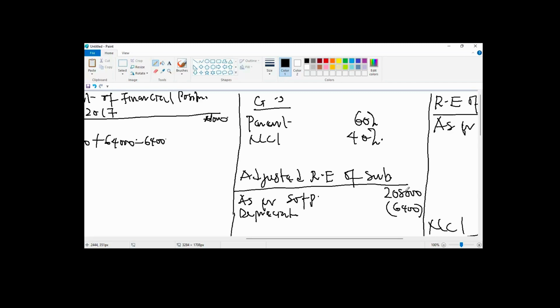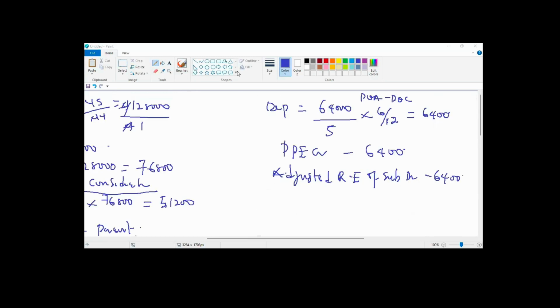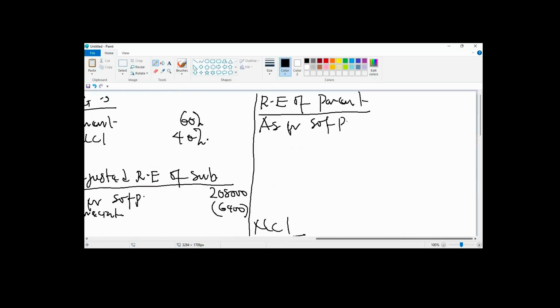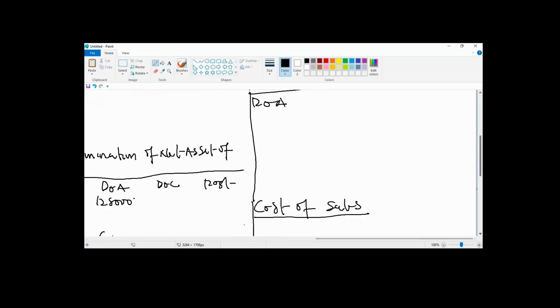Second additional information. Sales of subsidiary to parent in the post-acquisition. Depreciation must go to cost of sales, before we forget. Go to the question.